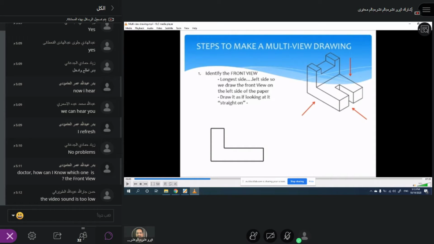It is easier and more convenient, because if you keep the longer one as the side view, that will cause some problems when you make these views. Okay, so it is a convention or tradition that we take the longest side as the front view. So that's something you need to know.